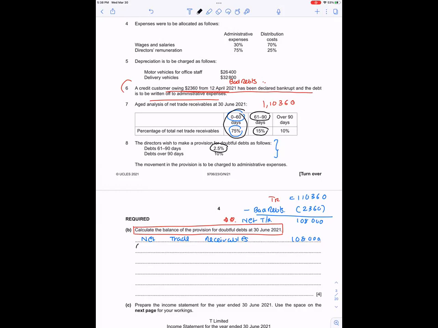So for 61 to 90 days, I have my trade receivables of 108,000. 15% of that becomes 16,200. And for 16,200, I will create my PDD at 2.5%. So it makes it to $405.